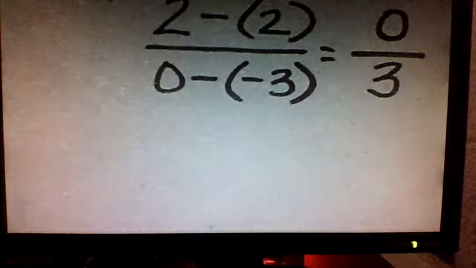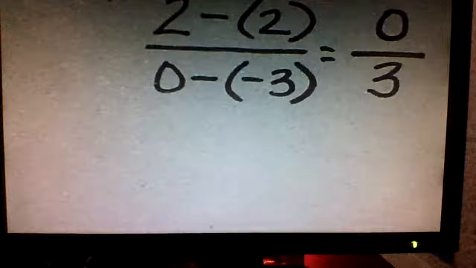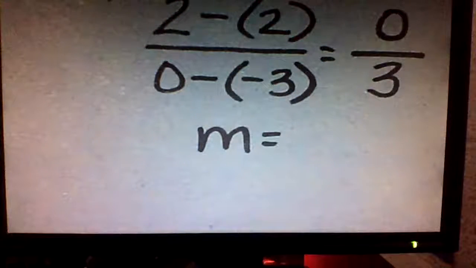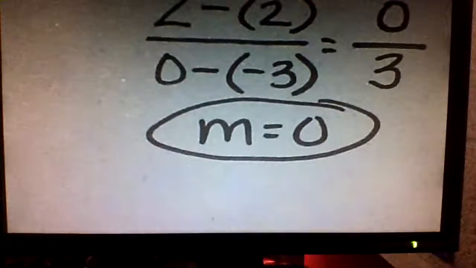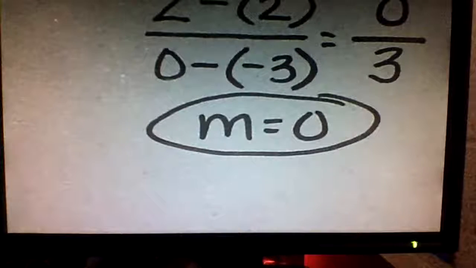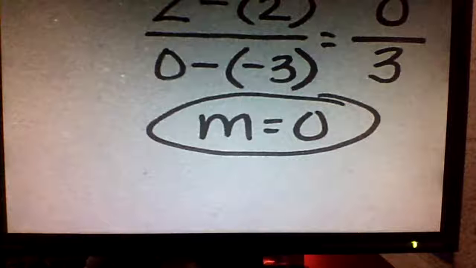So what is my slope then? So m is, what's 0 divided by 3? 0. So here your slope is 0.